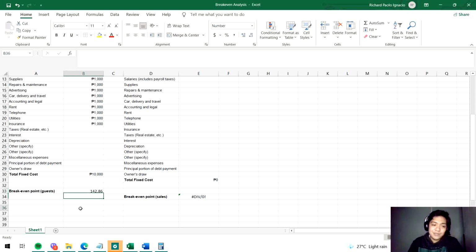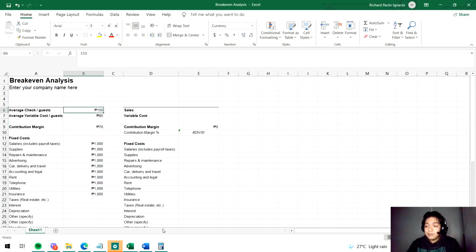This figure means 142.86. Kailangan nating makapag-serve ng 142 or 143 kasi i-round off natin to. We cannot have a 0.86 na person or guest, di ba? So we will round this up into 143. So ibig sabihin, kailangan natin mag-serve ng at least 143 guests with an average check of 150.